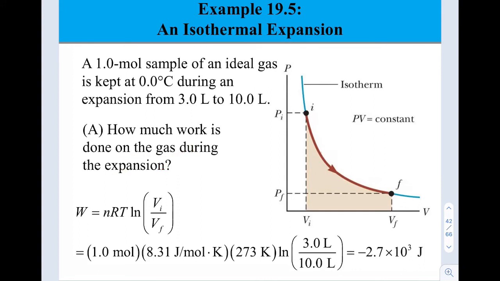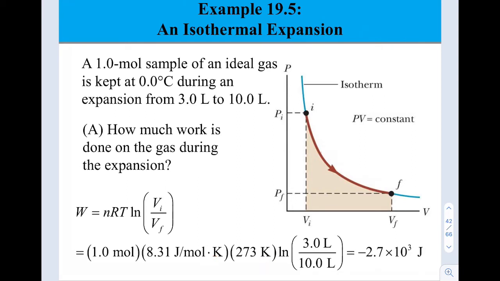So we know that the formula of work done on is equivalent to nRT ln V initial over V final. Just substitute everything. The R is 8.31 joule per mole Kelvin. Therefore, your T must be in Kelvin, so that the unit Kelvin here cancels out with the unit Kelvin here.